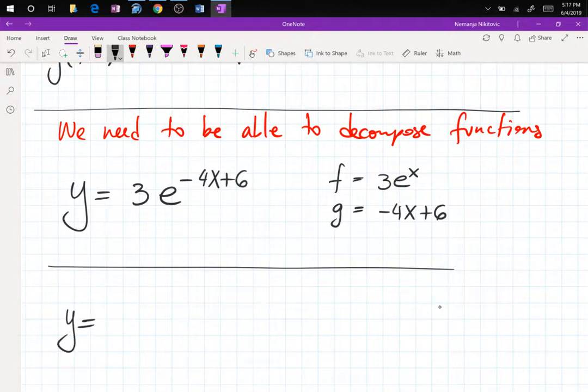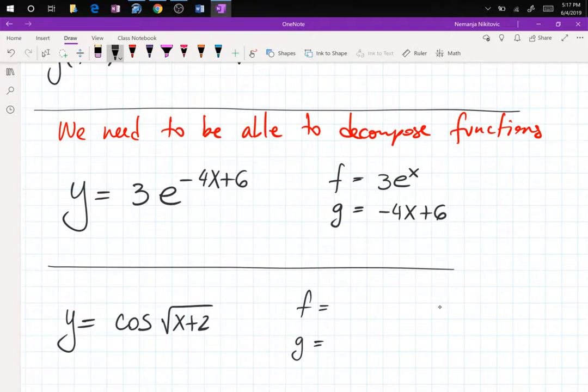y equals cosine of the square root of x plus 2. What is f? What is g? Yes.